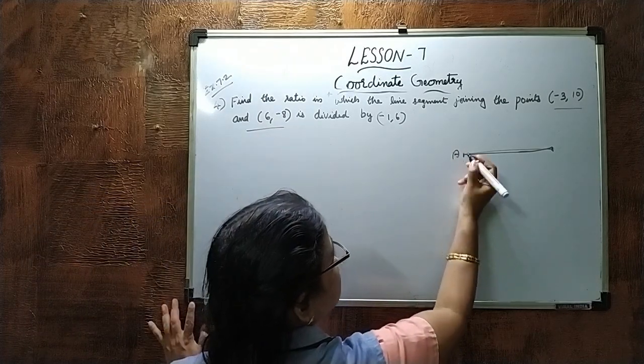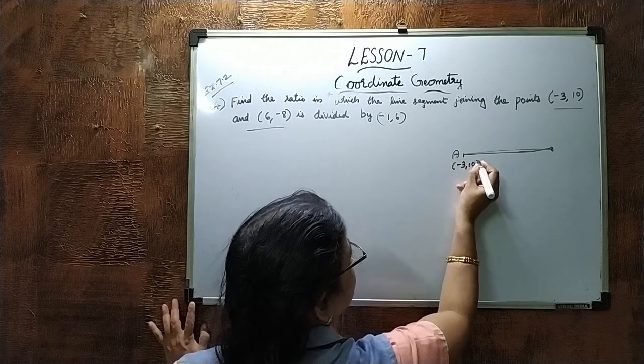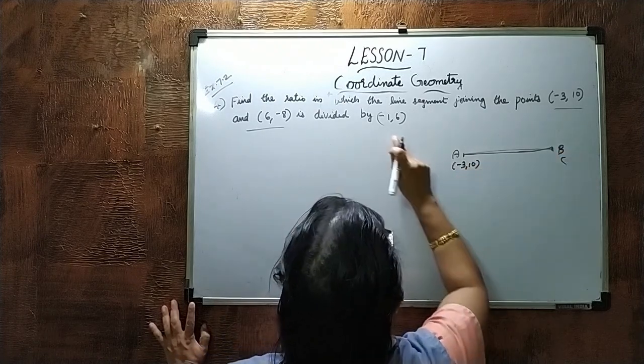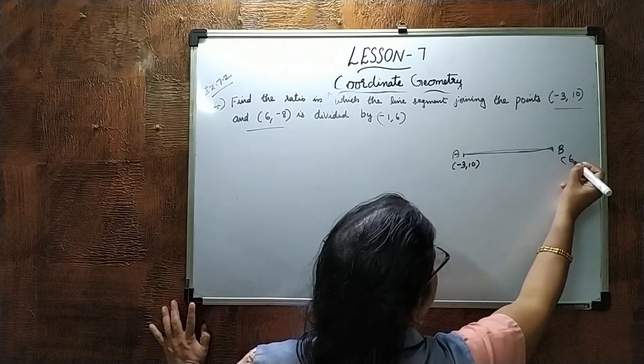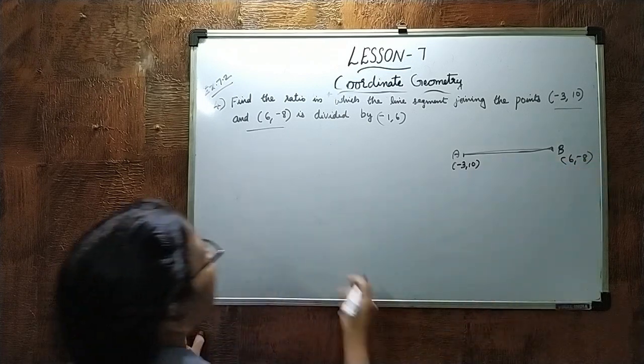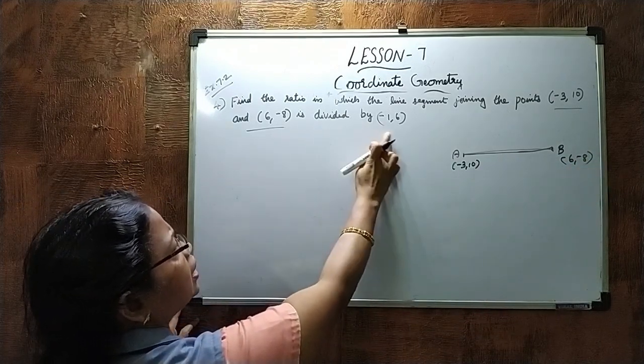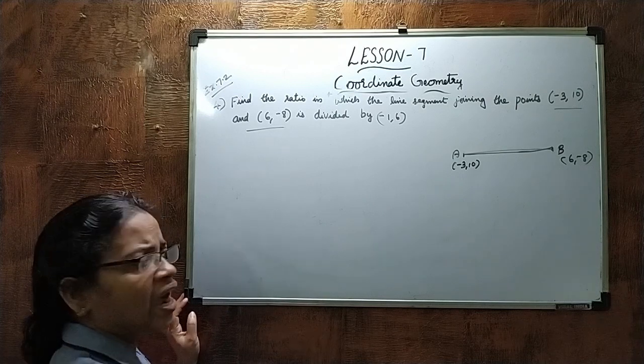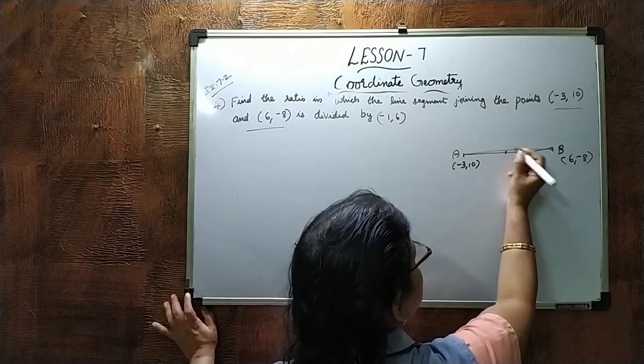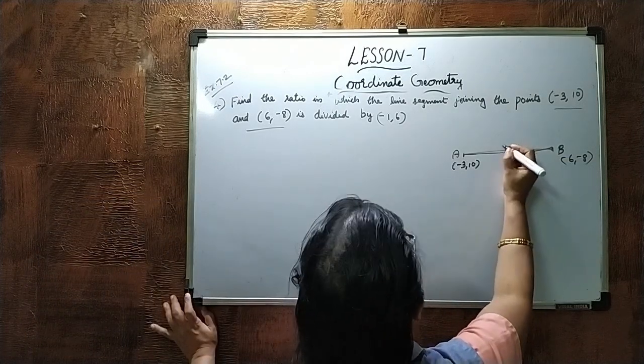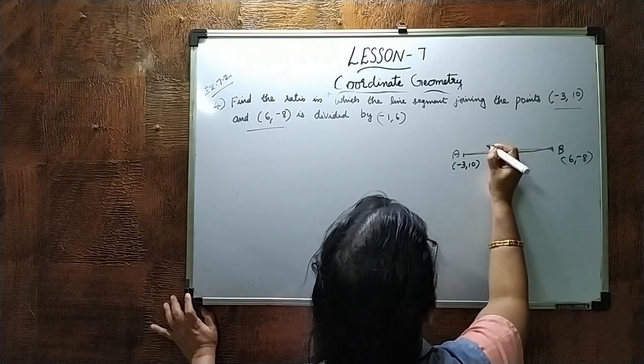So A is negative 3, 10 and B is 6, negative 8, and this line segment is divided by negative 1, 6.